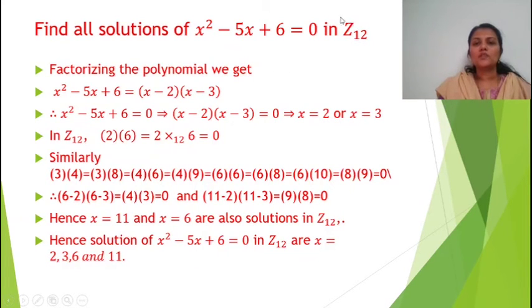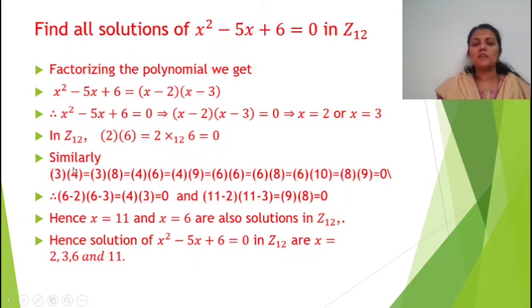Now, the question is in Z12. We have to check wherever the product becomes 0. If we take 2 multiplied by 6 modulo 12, it is equal to 0.